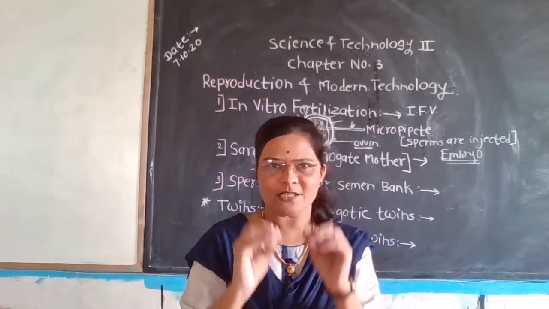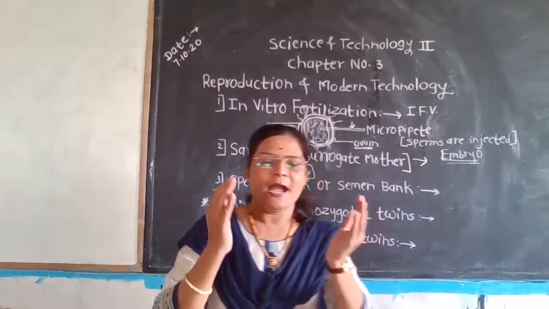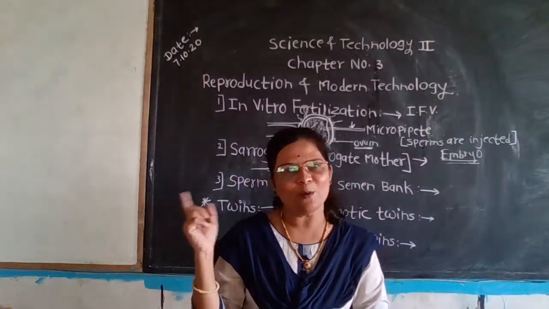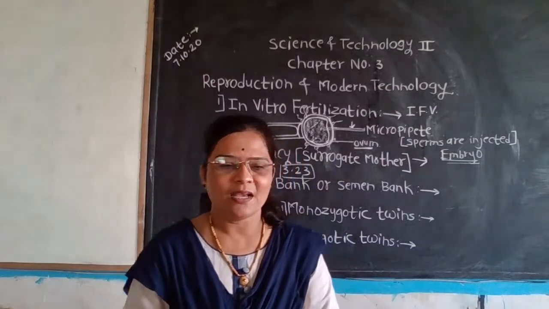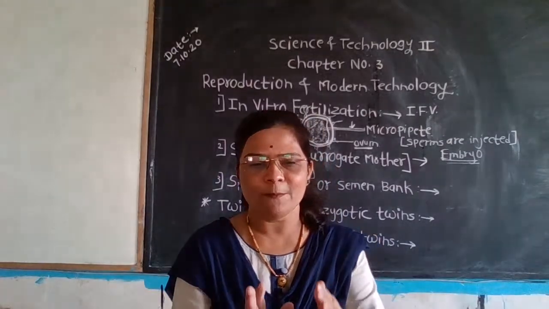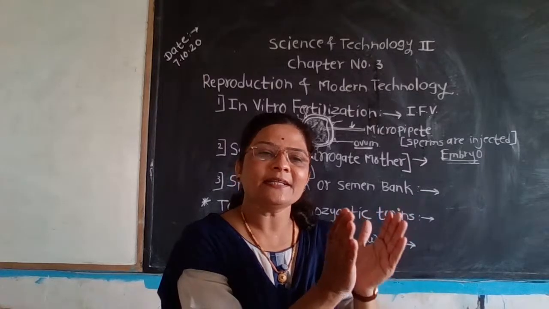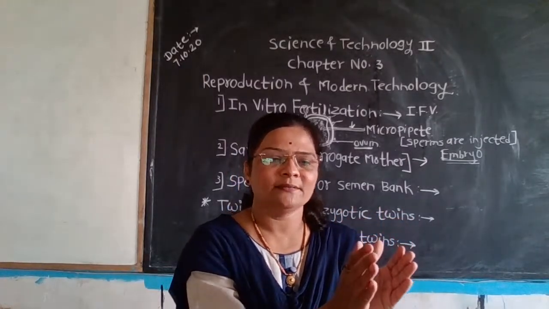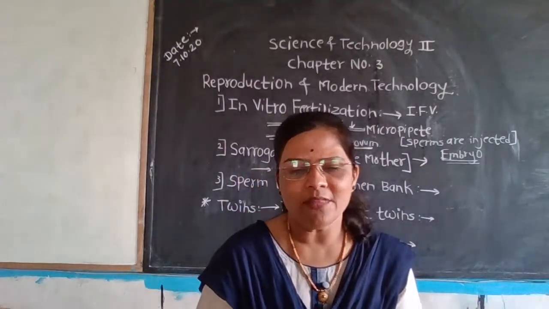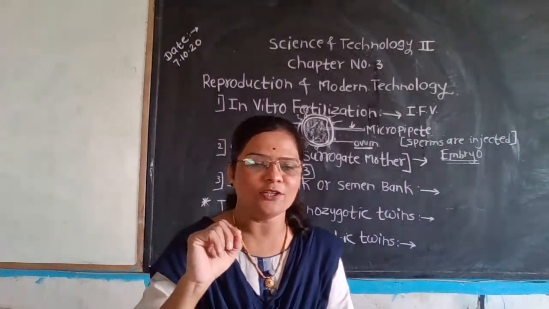Whenever you see the picture, your photographic memory is very strong and you remember the picture or diagram at the time of examination, students. See, the pregnant woman is given in that picture, and alongside the couple is standing. That couple cannot have a child, and that is why they use this technology.